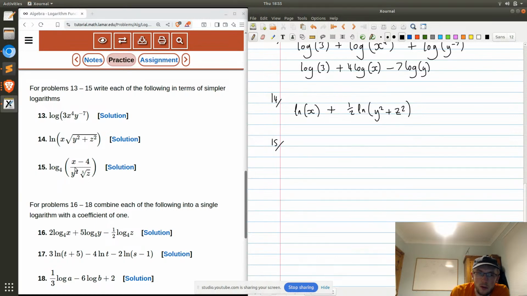Now for the 15th one. Log base 4 of this quotient right here. I just feel very fancy saying the word quotient. It's just a fraction, isn't it? So it's that, take away that.